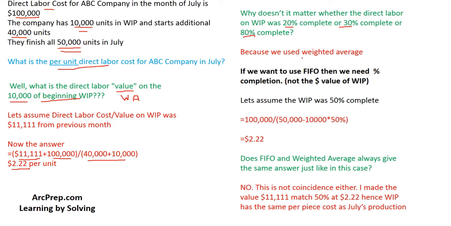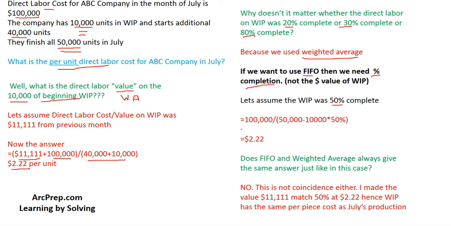It doesn't matter, because I need the value under weighted average method. However, I need the percent completion and not the value under Fifo method. That's important. And let's assume that these guys here were 50% complete.